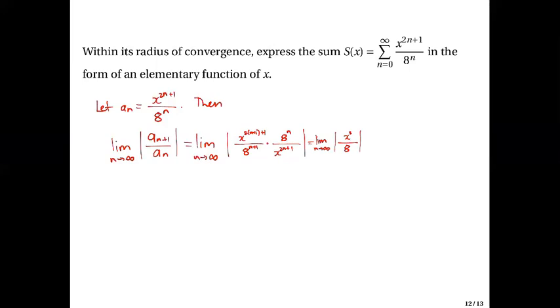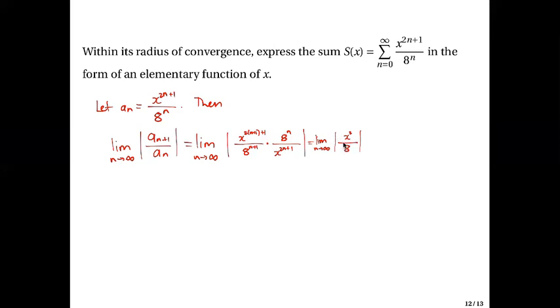So you'll get this guy here. 8 to the n will cancel the 8 to the n in here. And then here, if you expand this, you will have 2n plus 2 plus 1. So you can separate the 2n plus 1 and the 2. That's why you will end up with this.